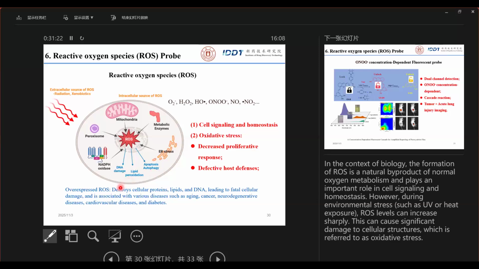It's also associated with various diseases like aging, cancer, neurodegenerative diseases, cardiovascular diseases, and diabetes. So oxidative stress is related to many kinds of diseases, from cancer to brain-related ones.